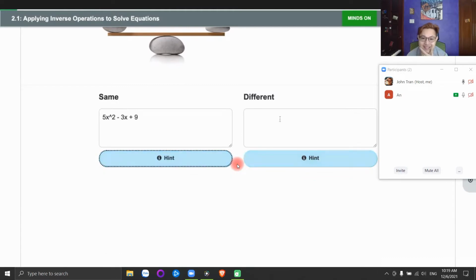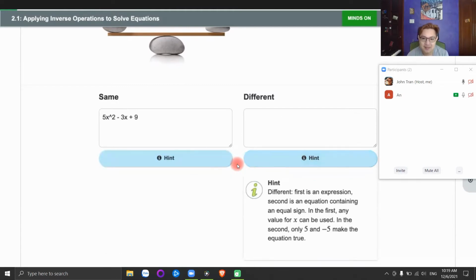Maybe let's just click on it. There you go. The second is an equation containing an equal sign. So in the first expression, because it's not equal to anything, you can choose any x you want. Any value of x can be used. But in the second equation, because something equals something, you can solve for x.